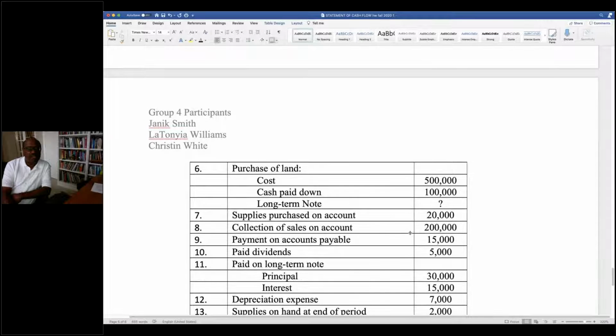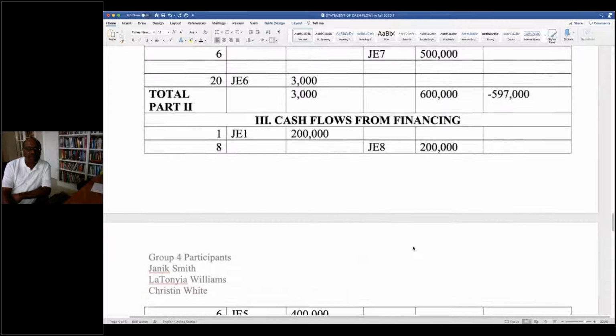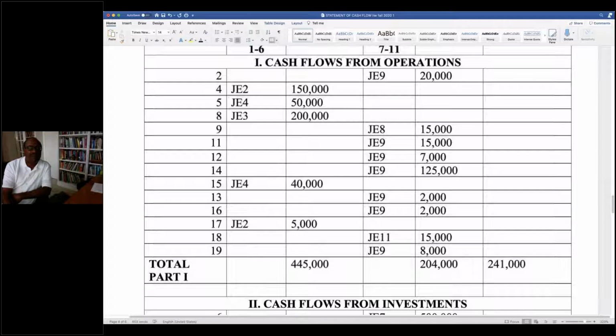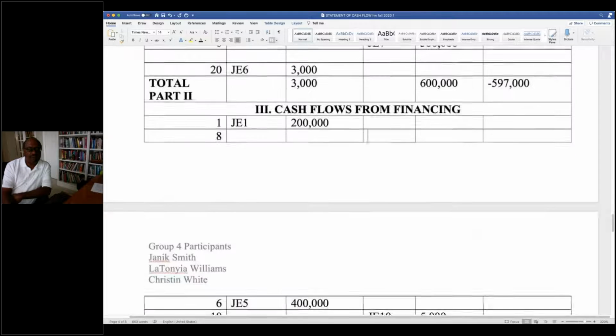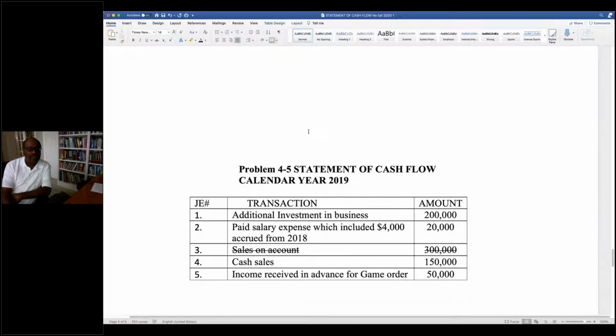When you collect this 200,000, I don't know how it got here, since it was a collection. Got it? There's an O and I had that for 200.